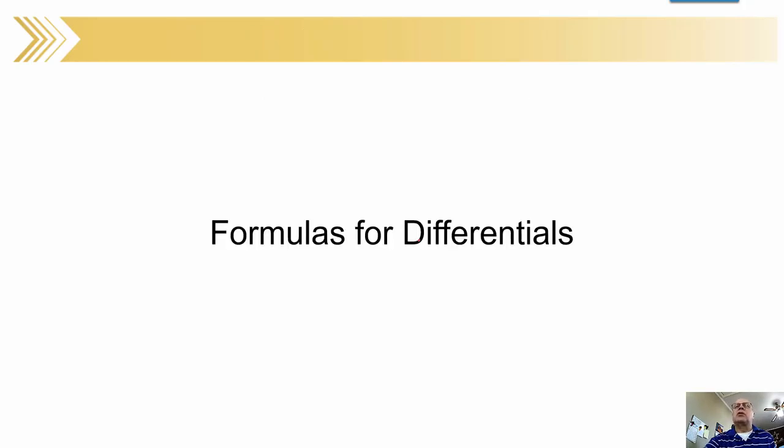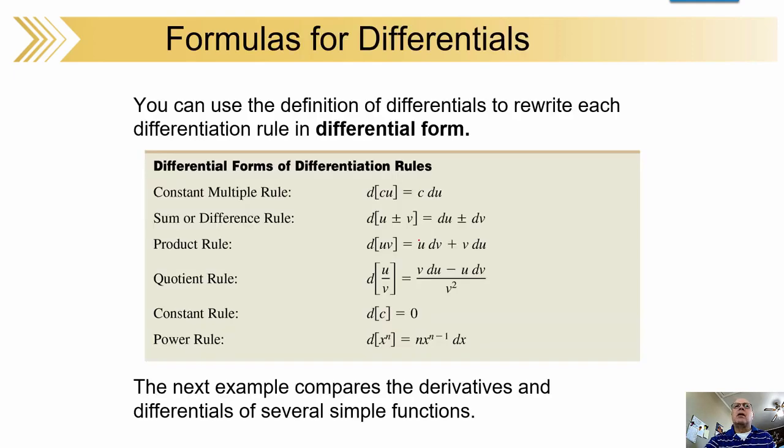Formulas for differentials. Most of these should look pretty good because these are all differentiation rules. The only thing that's different is in this first one, for example. This is like the derivative of cu with respect to u is c.